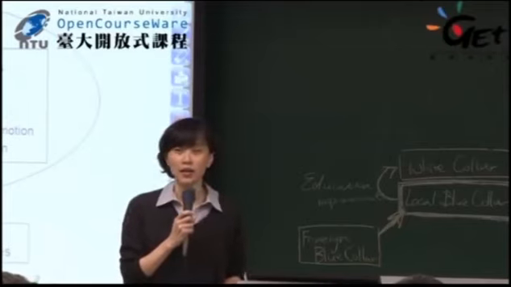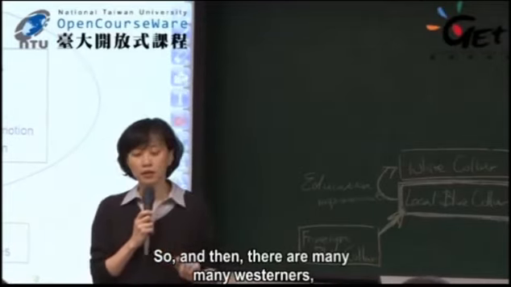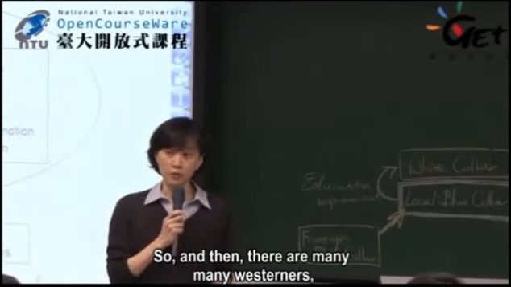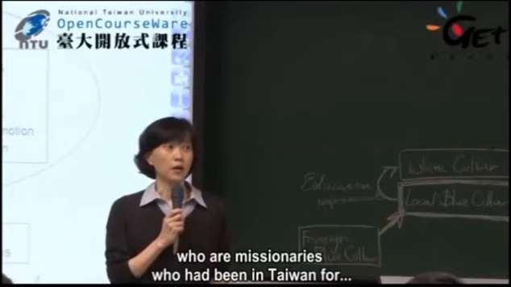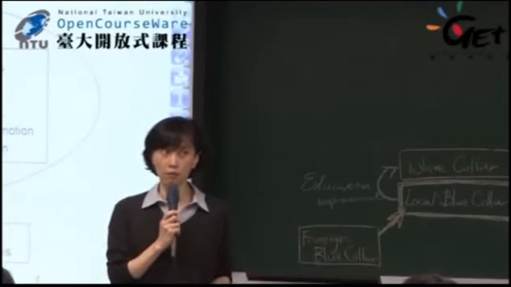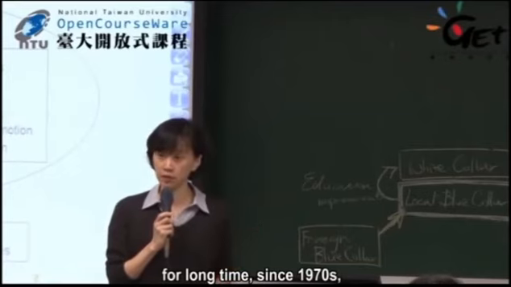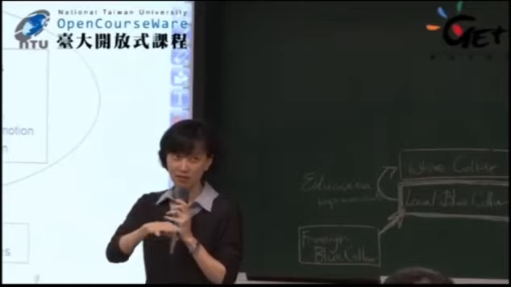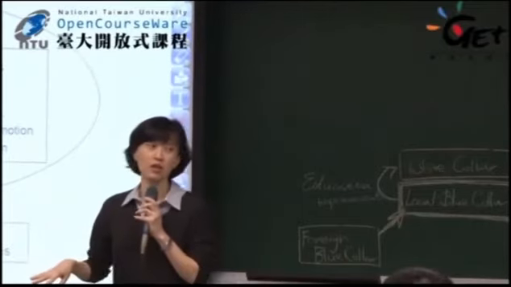Okay. And then there are many Westerners who are missionaries who had been in Taiwan for a long time, since the 1970s. When Taiwan had no Labor Standard Act, they have been here.